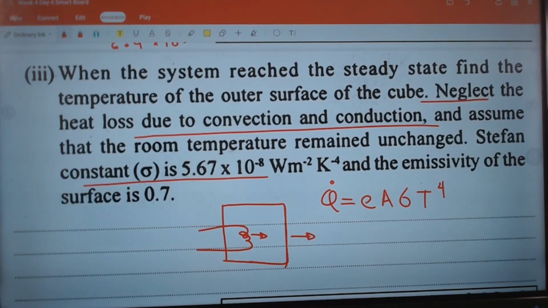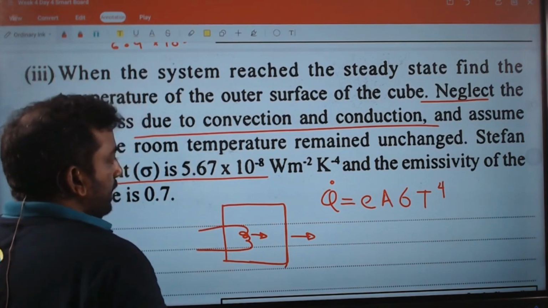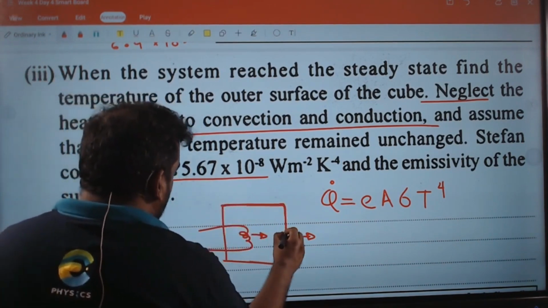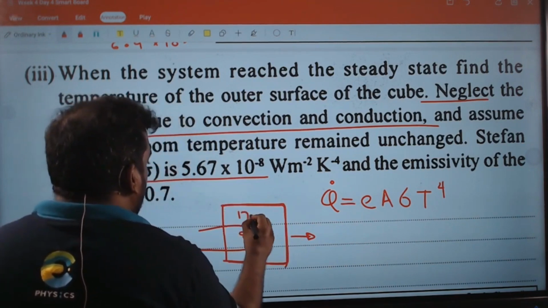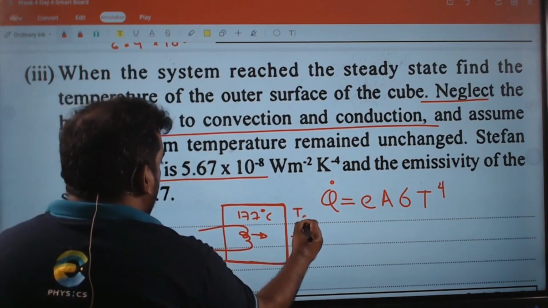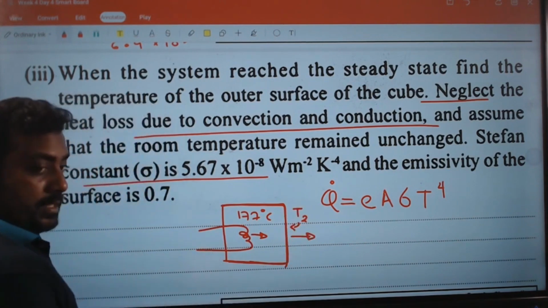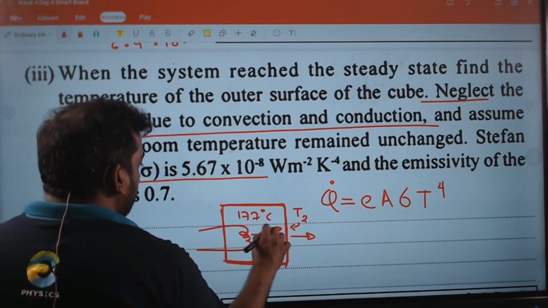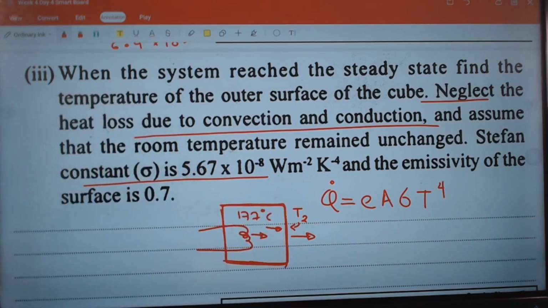But you have to be careful. They have told you inside temperature is 177 Celsius. Outside temperature we don't know. So the rate at which heat is absorbed is equal to the rate at which heat is lost.